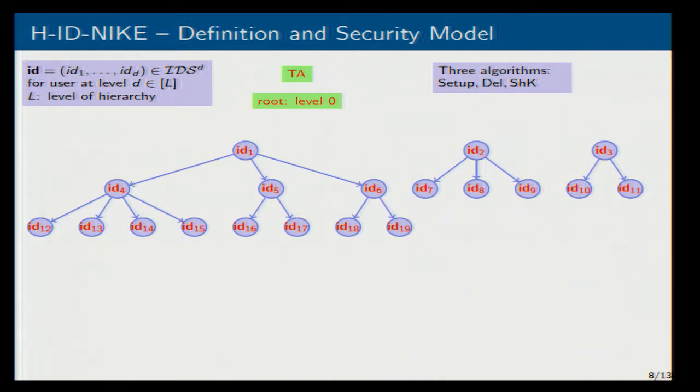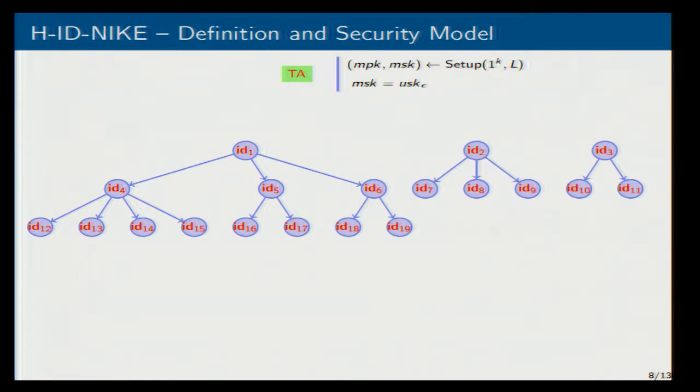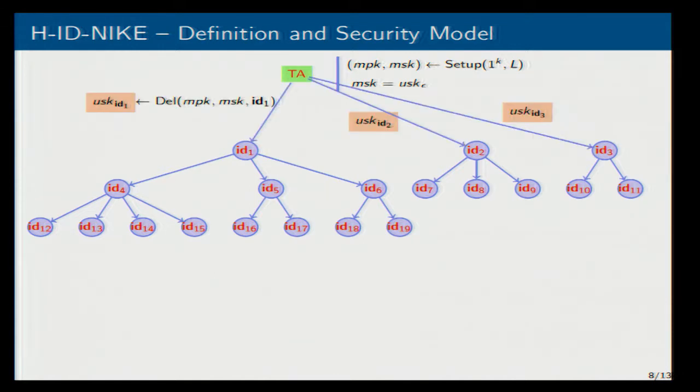A HIDNIKE scheme has 3 algorithms: a setup algorithm, a delegation algorithm Del, and a shared key algorithm SHK. So first, the TA is going to run the setup algorithm on input a security parameter and the depth of the hierarchy to generate a master public key and a master secret key. Then the TA is going to use the delegation algorithm to generate private keys for all its children.